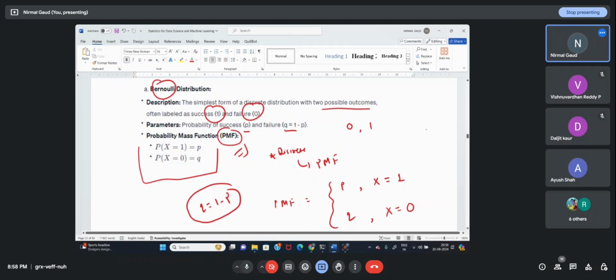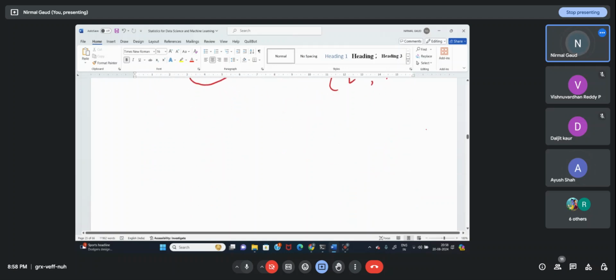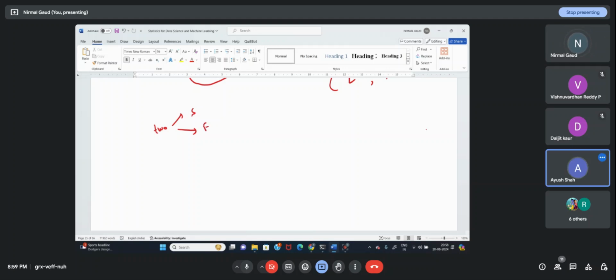See, in Bernoulli, we have only two possible outcomes. Success or failure. Only two possible outcomes in Bernoulli. We are doing an event that has only two possibilities.